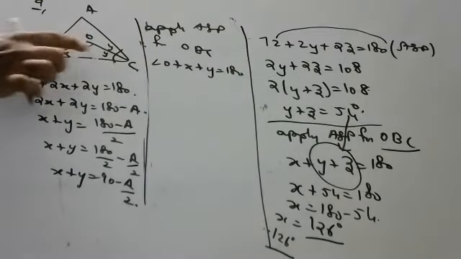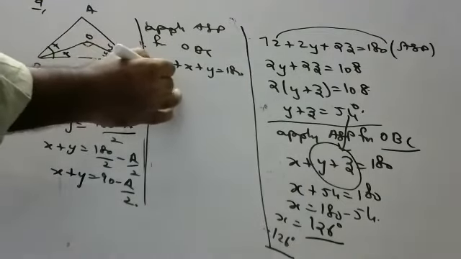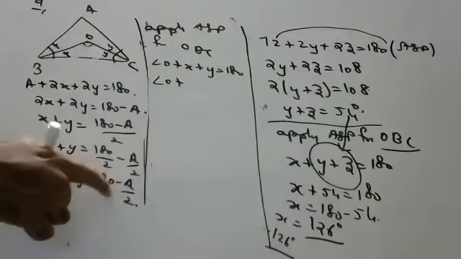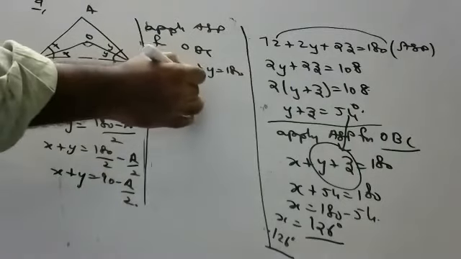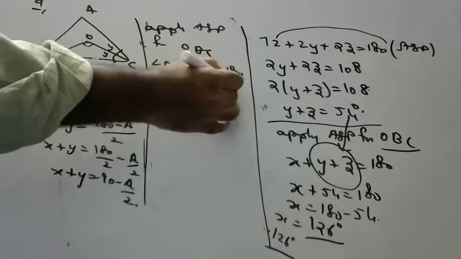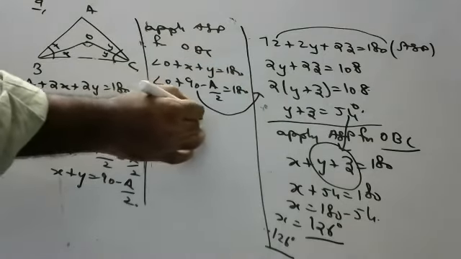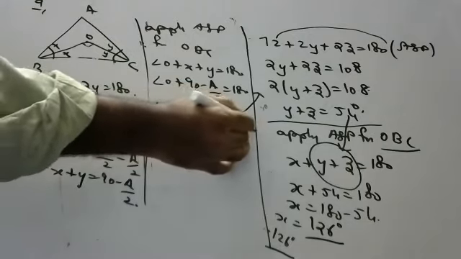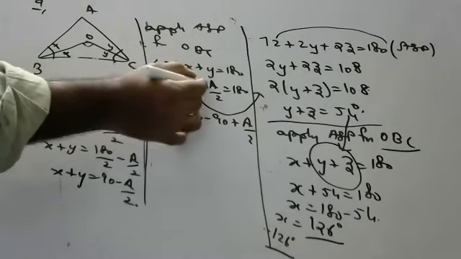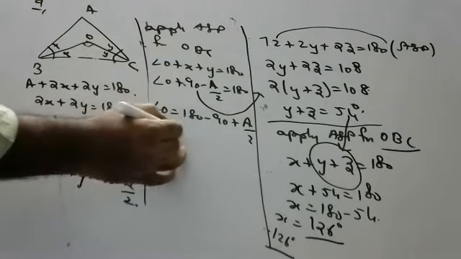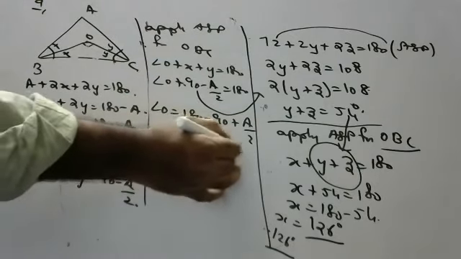How much did we get for x plus y, children? 90 minus A by 2. So angle O plus 90 minus A by 2 is equal to 180. I will take this to the other side: angle O is equal to 180 minus 90 plus A by 2, because plus 90 became minus 90 and minus A by 2 became plus A by 2. Angle O is 90 plus A by 2.